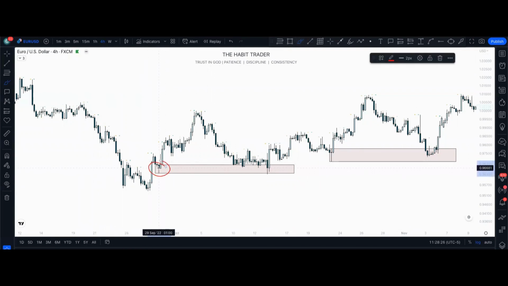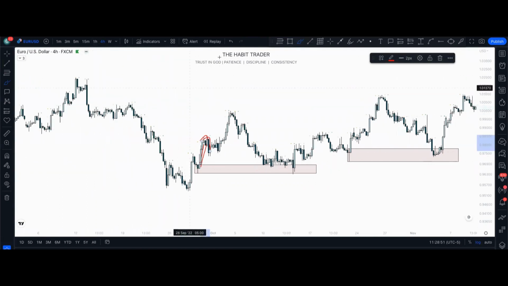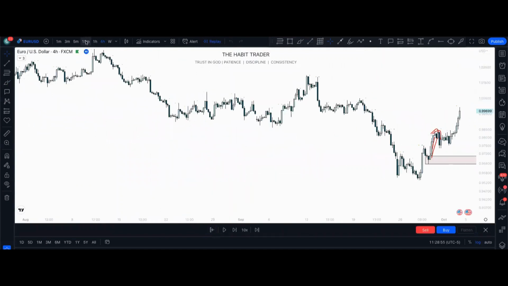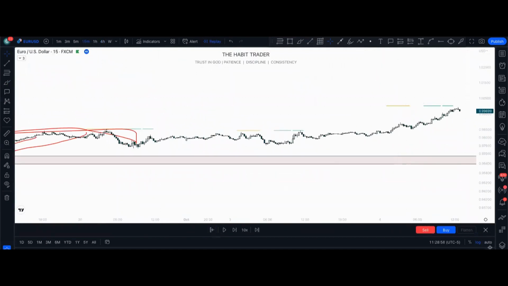So once the price happened, this consolidation, if you try to go to the lower time frame, it has a lot of consolidation. And before having this bullish move, as you can see, let me go to the lower time frame.